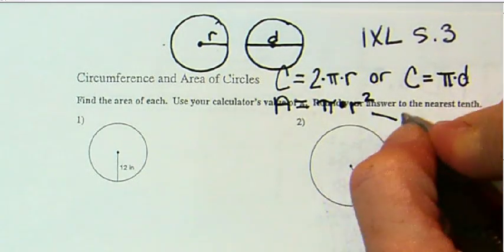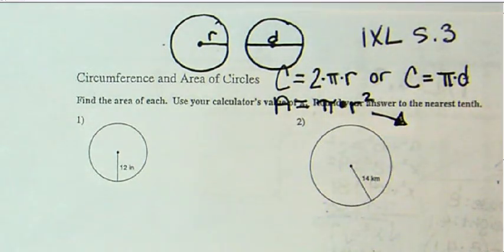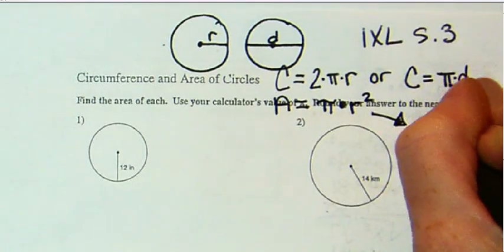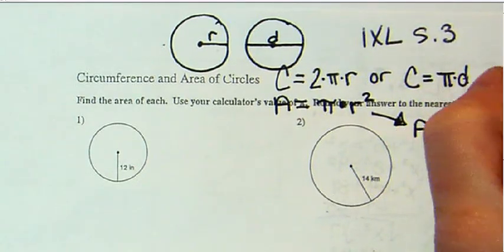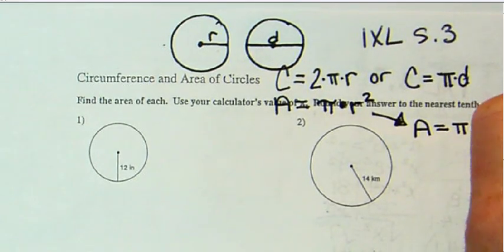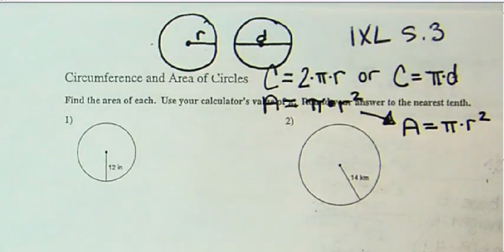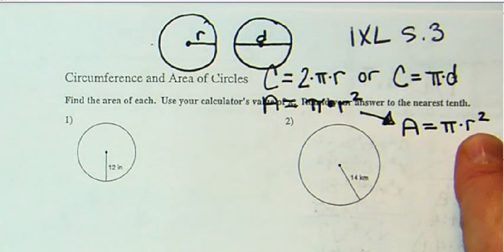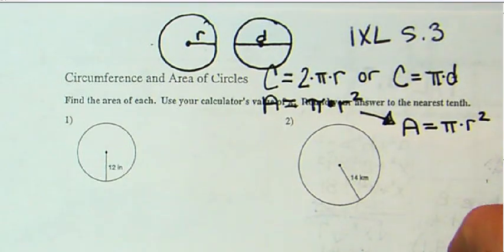I'm going to rewrite this down here so that you can see it without the words underneath it. Area equals pi times the radius squared, which means if you recall from order of operations, we're going to have to figure out what the radius is and square it and then multiply it by pi.